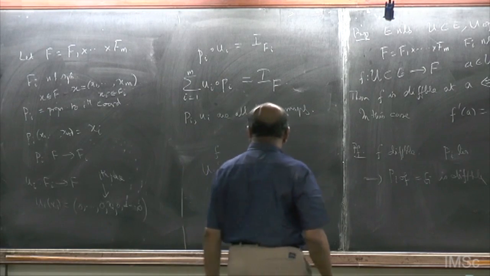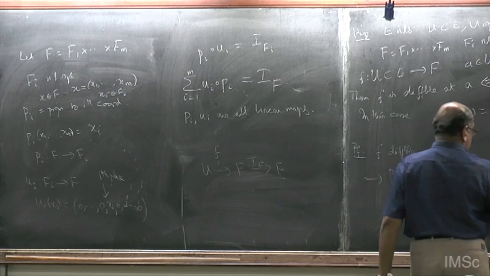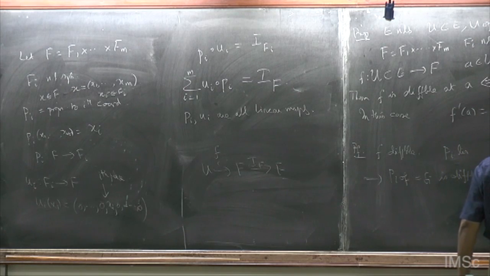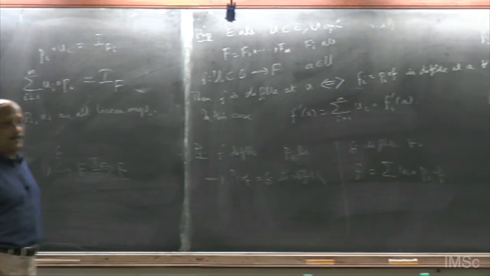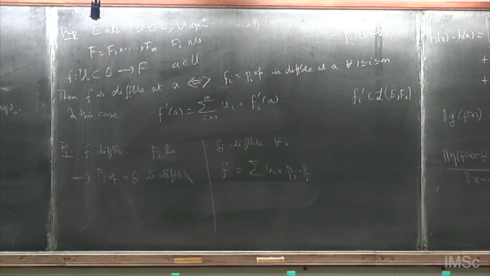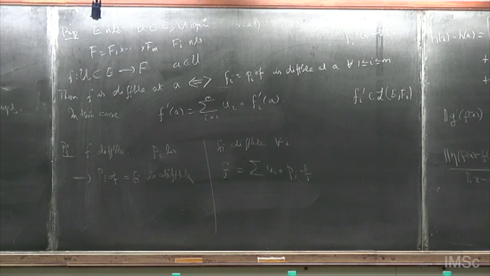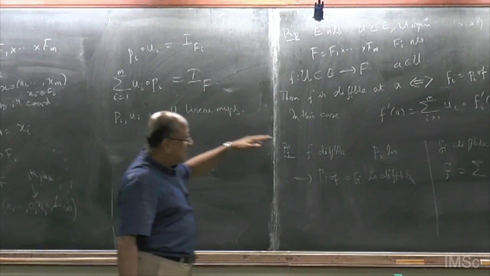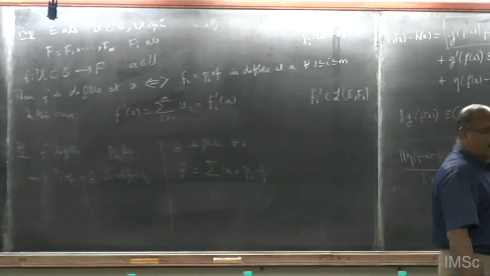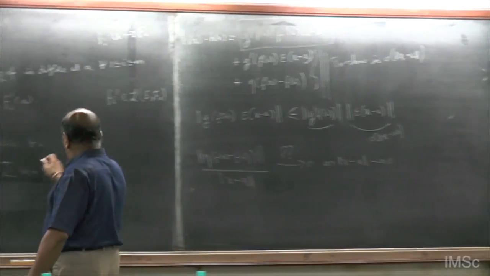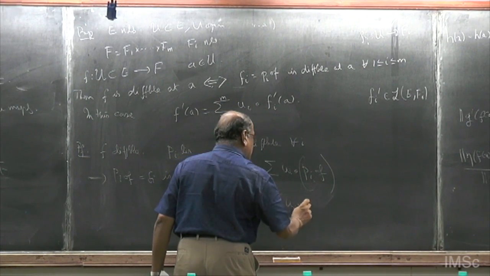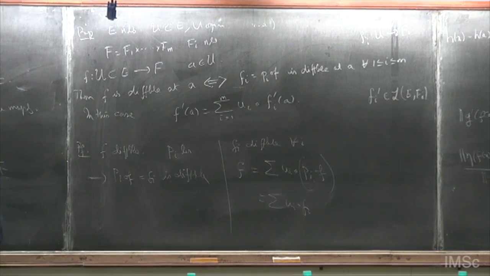So, f is nothing but the sum of ui composed with pi composed with f. Right? I am just composing f with the identity map. For the identity map I have this formula, and therefore, f is nothing but this. But what is this pi composed with f? fi. So, this is the sum of ui composed with fi.